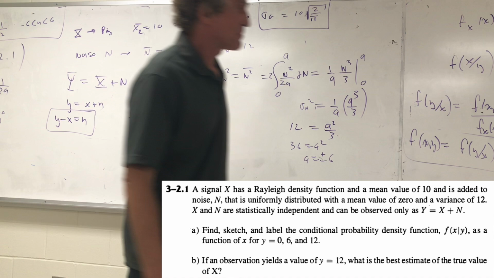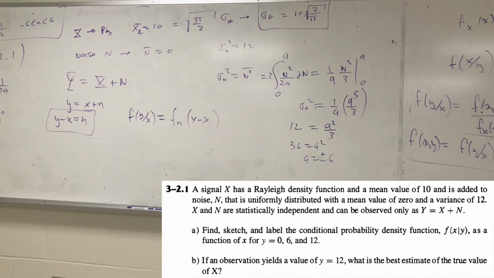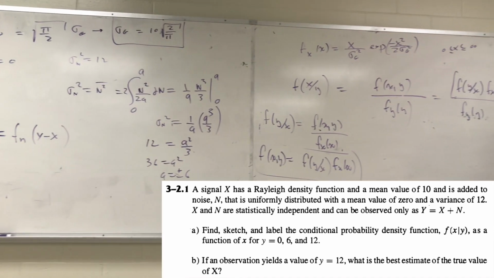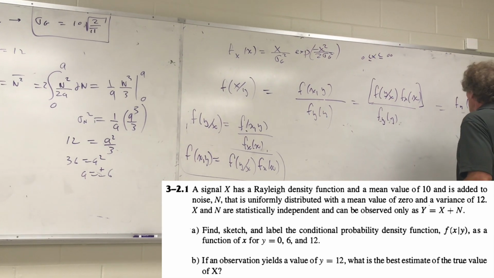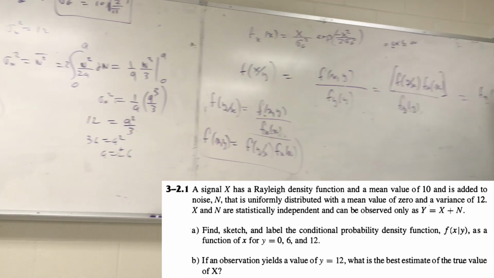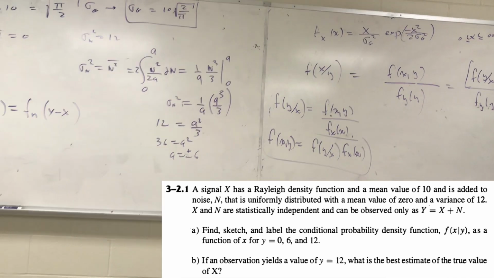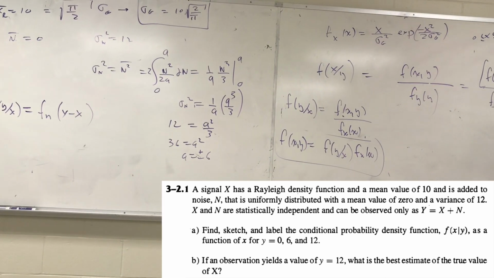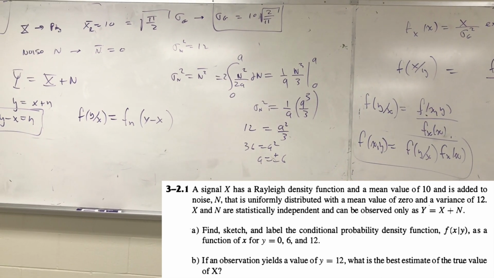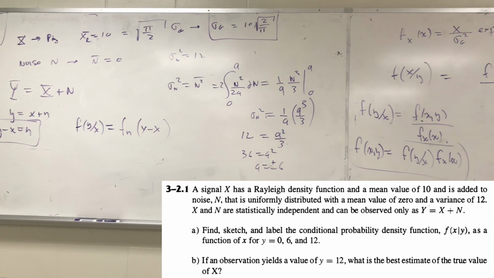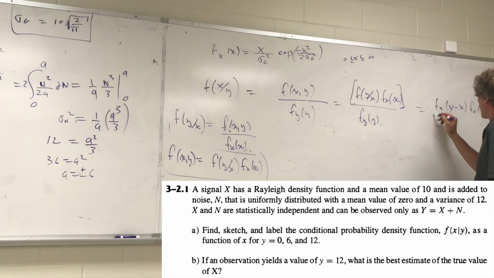So I come up here, and I'm going to have f of y given x is f of the noise of y minus x, and I'm not going to put that in there yet, times f of x of x over f of y.